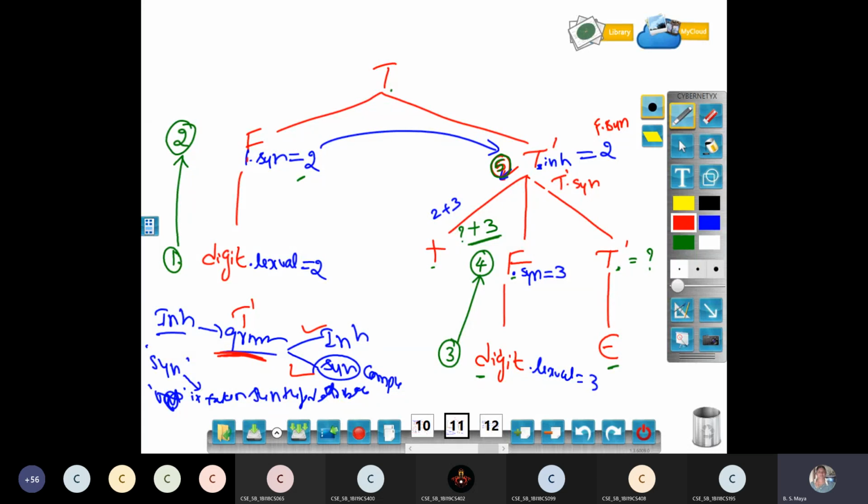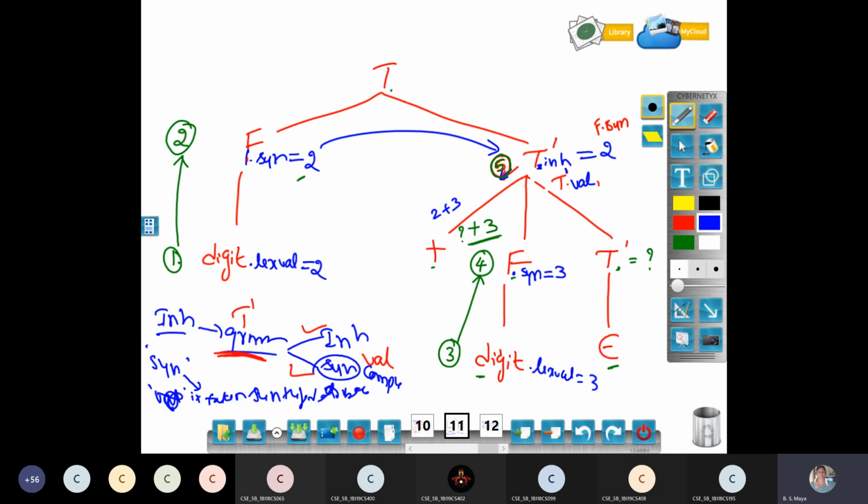You should use a different variable. Instead of syn, I can take val. Val is also a synthesized attribute for the grammar symbol T dash. Please look at this one.